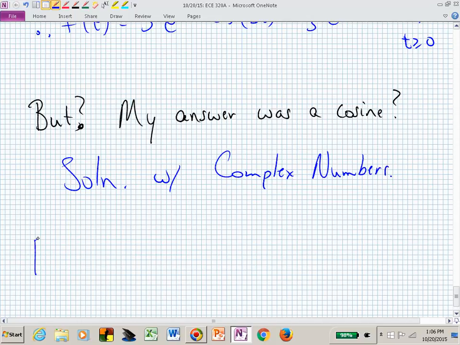Then what do we do? Now we have F of s is equal to 5s plus 2 over (s plus 2) squared plus 3 squared, which is equal to, how many terms do I have on the right? 2.